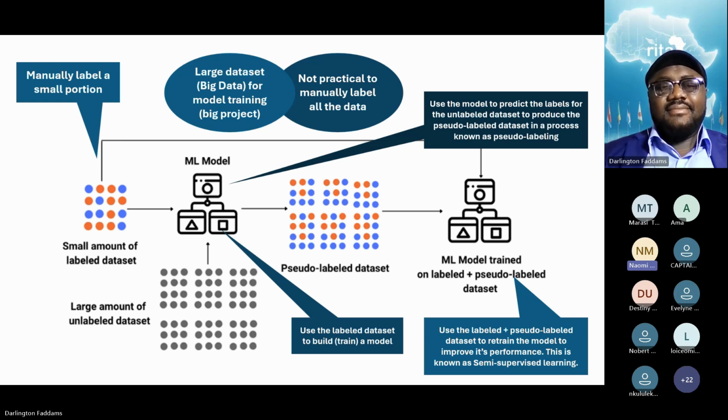That means this pseudo-labeled data set is created from the small labeled data set that we already have, which is now used to label the large amount of unlabeled data to create the pseudo-labeled data set. So our end product, the trained ML model, will have been trained on both the labeled and pseudo-labeled data sets, and that's what we will end up with. That's how I get it.